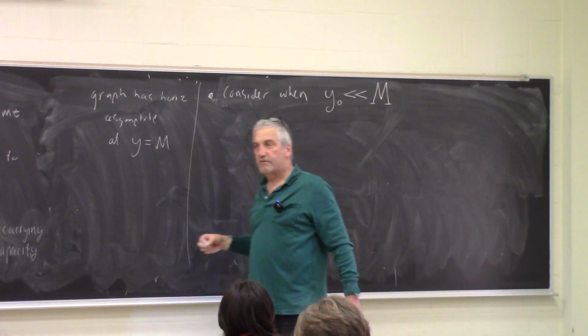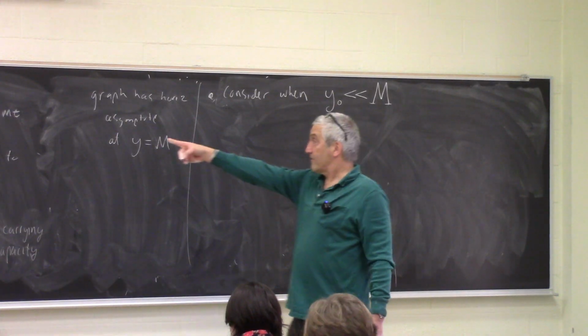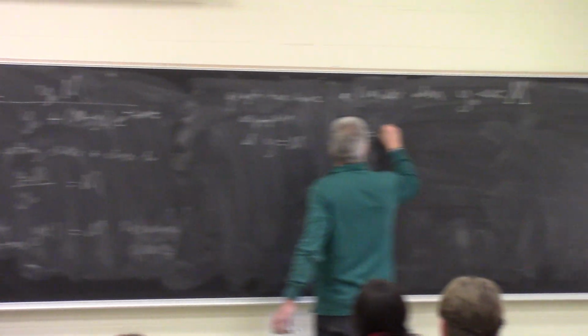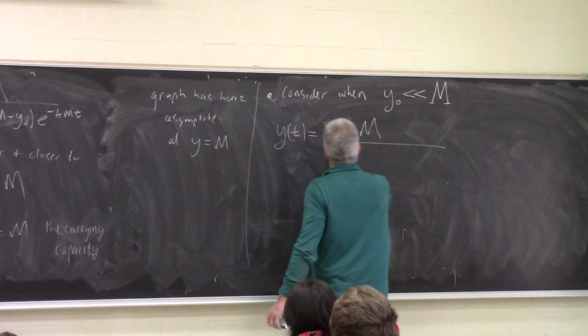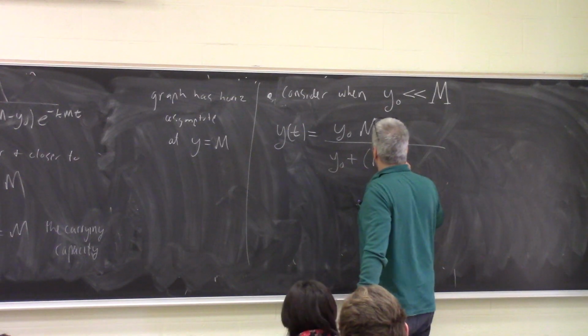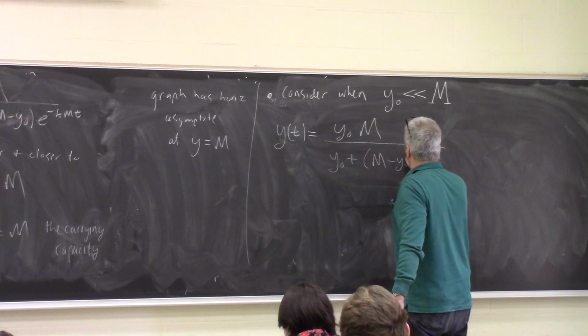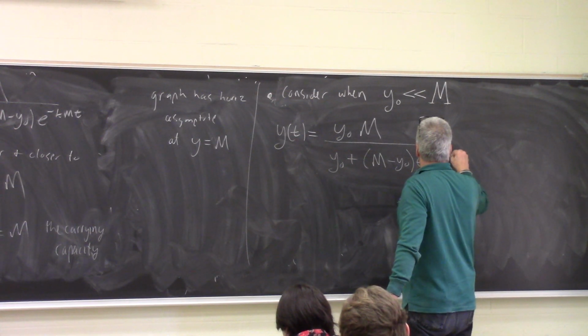So when the dude steps off the boat in Australia with the breeding pair of bunnies. Let's look at that solution: Y0 m on top, Y0 plus (m minus Y0) e to the minus kmt.